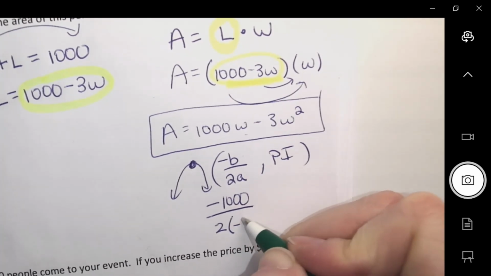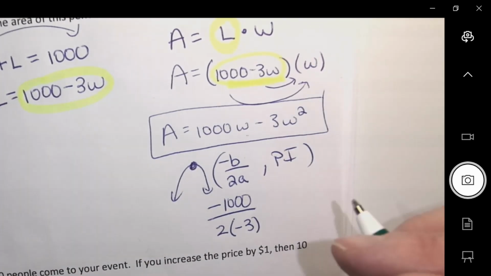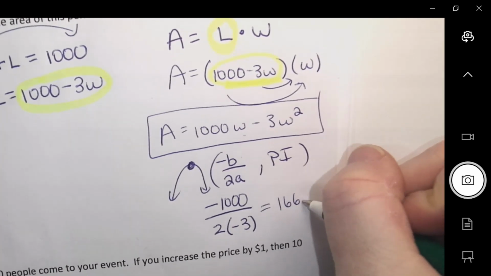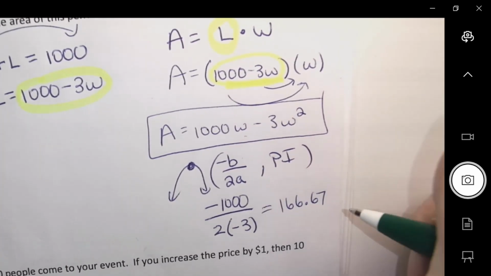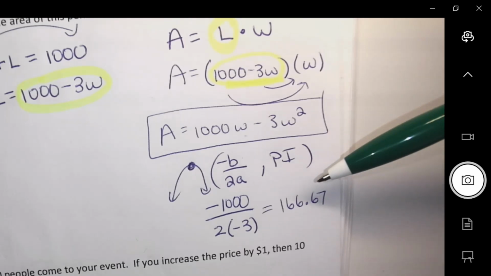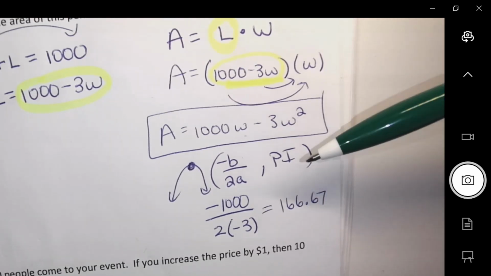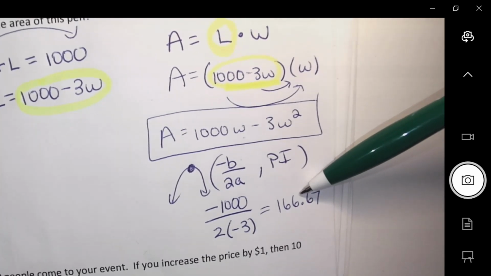Over 2 times A. Okay. So I got 166.67 confirmed.